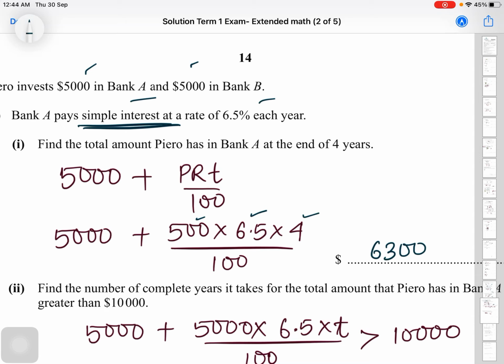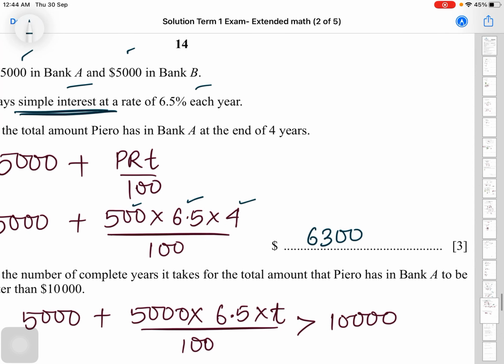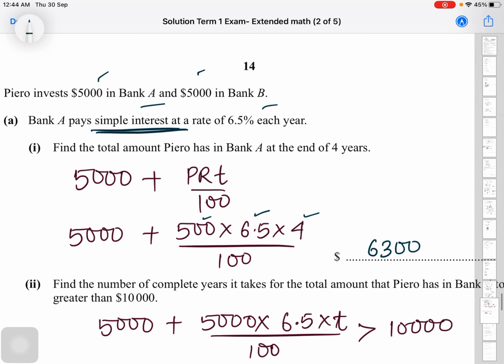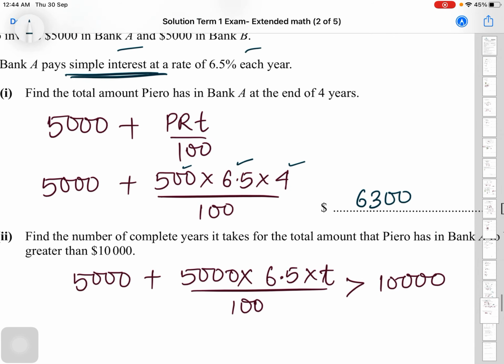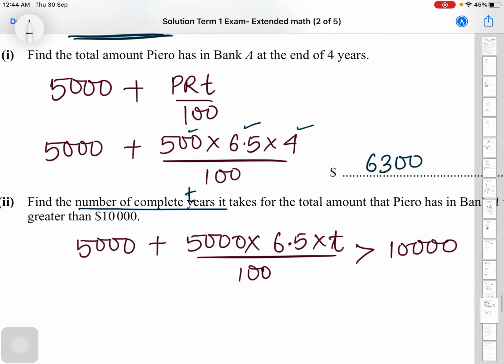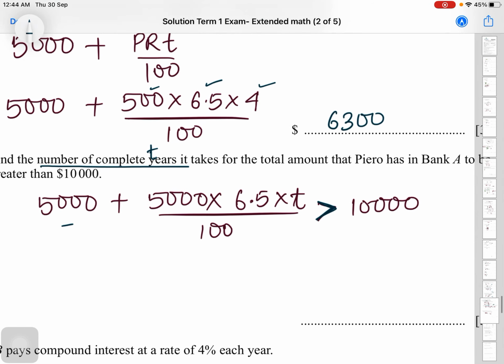Find the number of complete years it takes for the total amount that Piero has in bank A to be greater than 10,000. So we don't know how many years it will take. Let's take it as T years and put it in the formula again. So his original amount plus the total interest in these years, PRT by 100, must be greater than 10,000. Treat it like a simple equation.